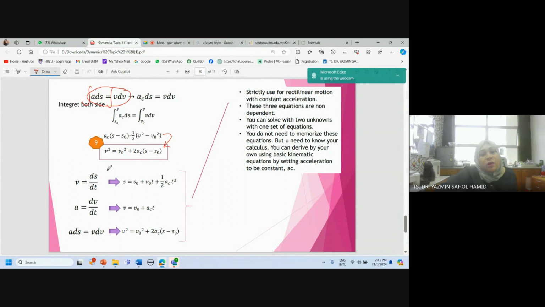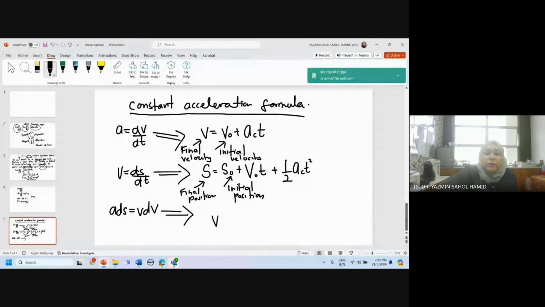You see, on the left side here is the basic kinematic equation, and on the right side here is the constant acceleration formula. So if we write back the formula here, we know that v squared equals v naught squared plus 2a in bracket s minus s naught.